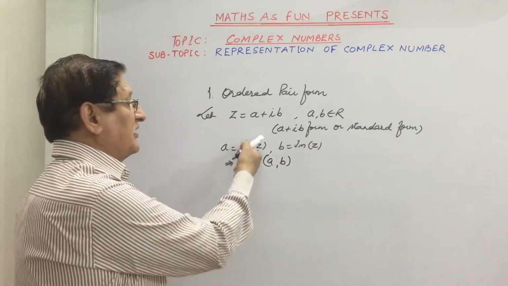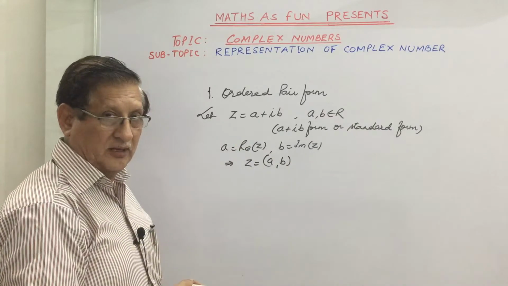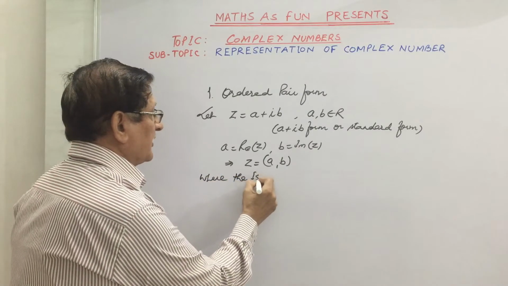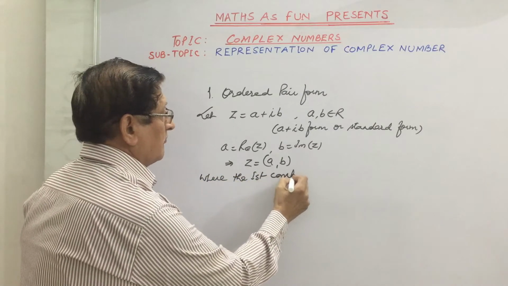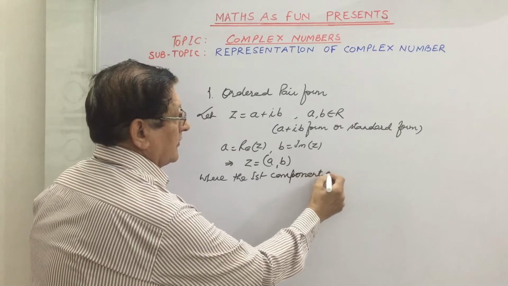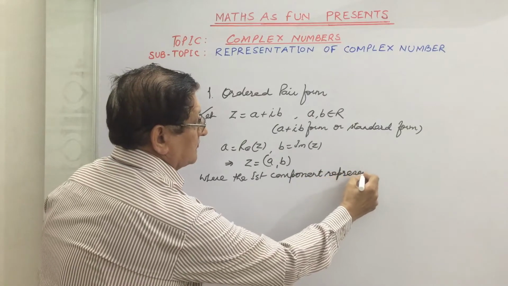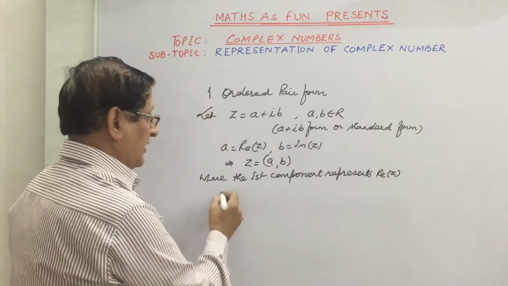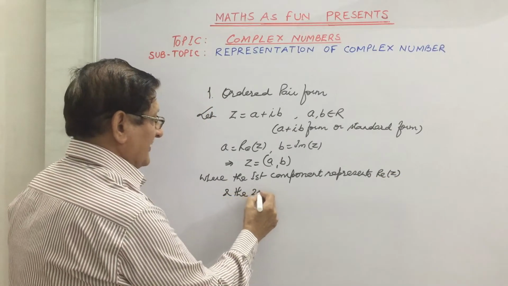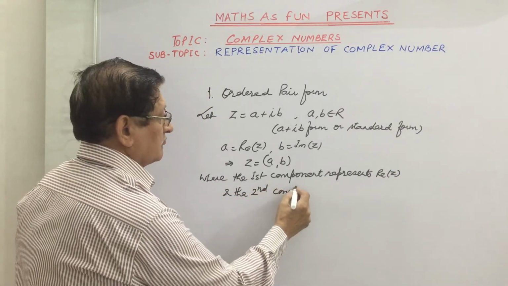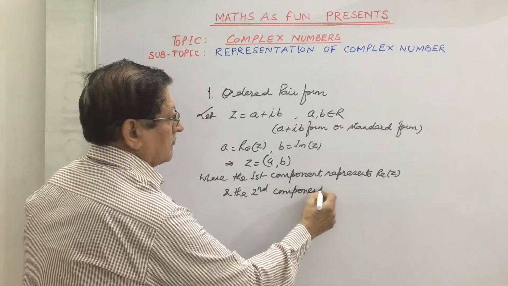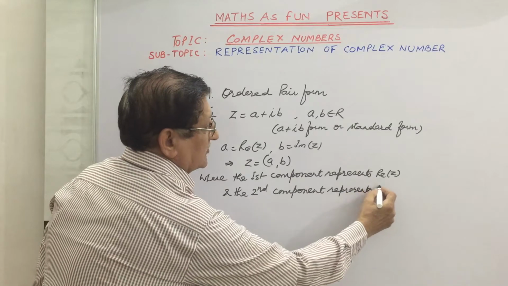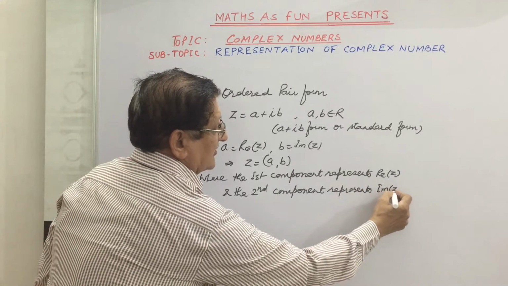We can write this Z as a comma b, where the first component represents a real part of Z and the second component represents imaginary part of Z.